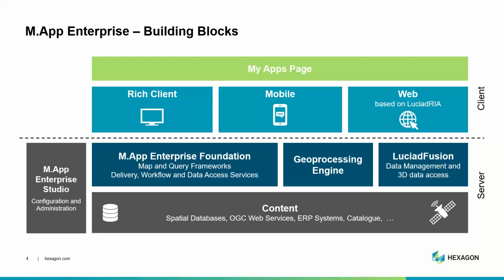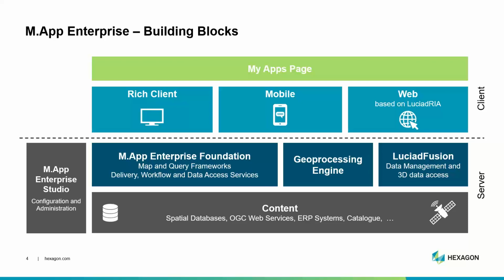They have the MApp Enterprise Foundation, where they've taken all the great tools we've seen in G-Media Smart Client, Imagine, and Web Map, and brought these into an object-oriented service architecture that can be used by this application.